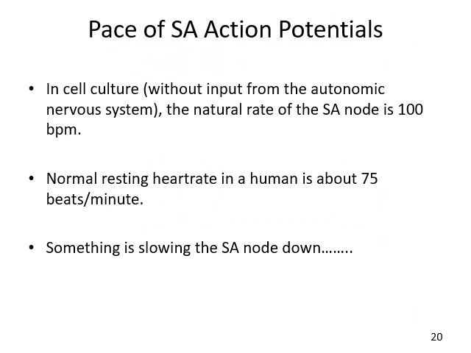So, interesting thing about action potentials in that SA node. If we take cells of the SA node out of the body, away from any wiring from our nervous system, they would like to fire about 100 times a minute, which means they would like to have a heart rate of 100 resting.